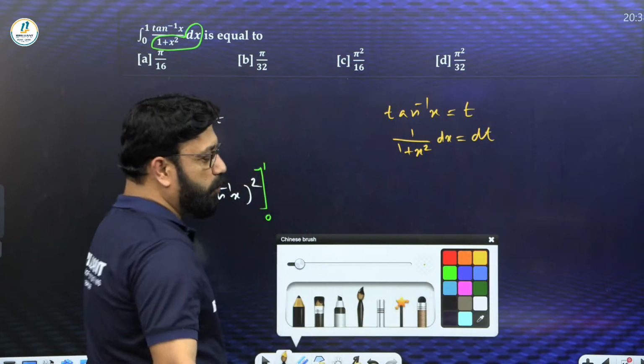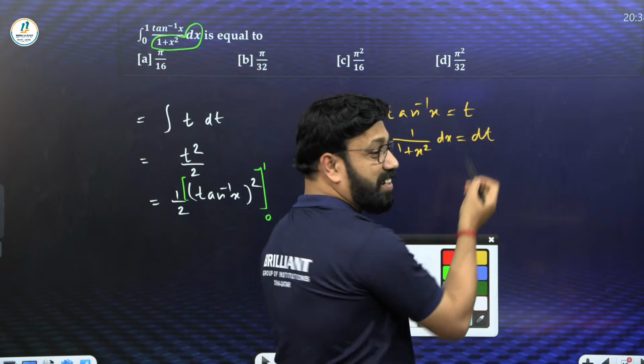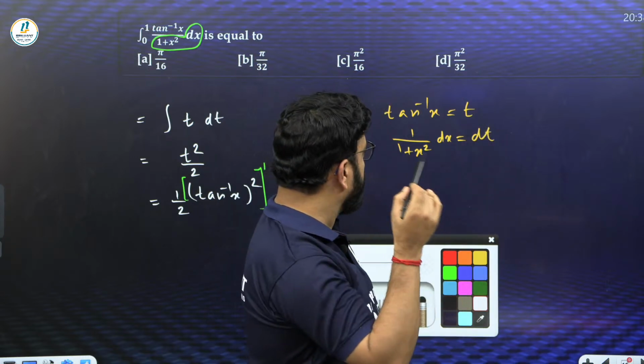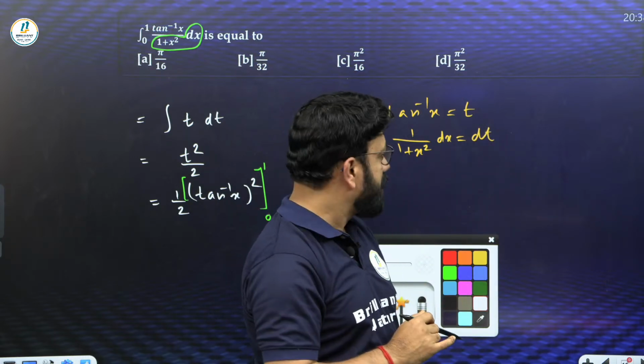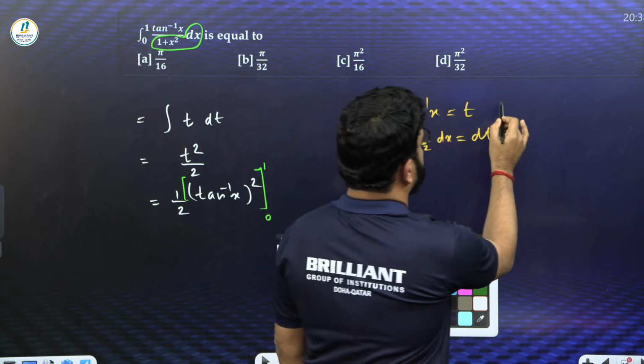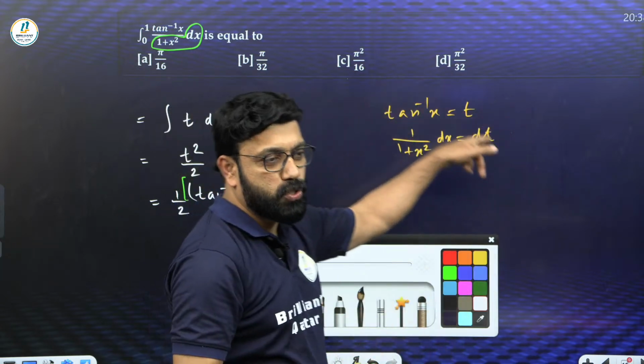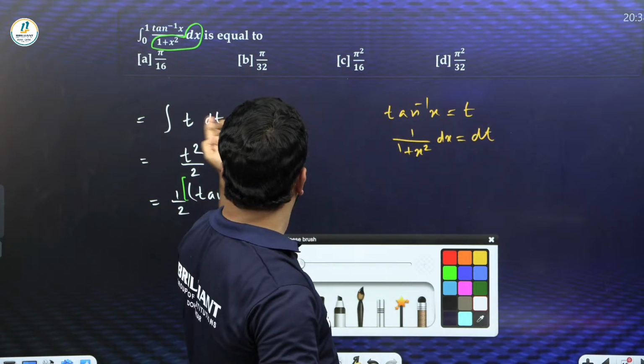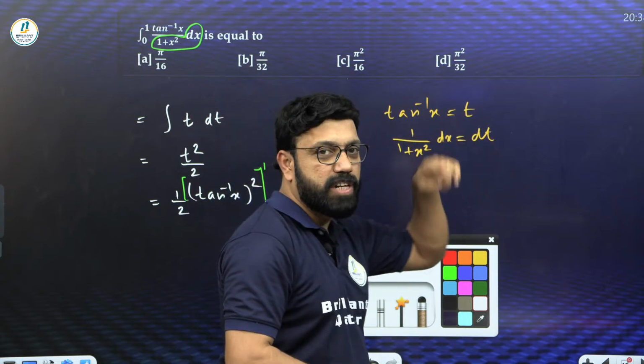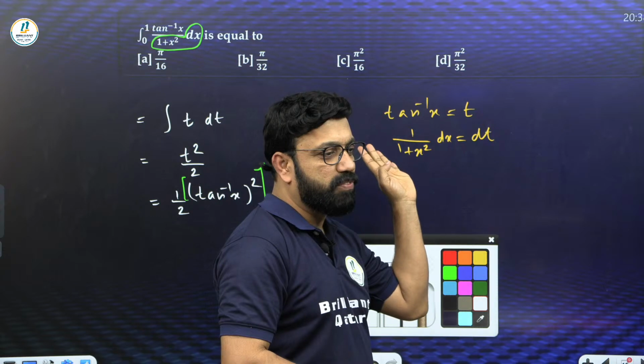If you want to change the limit, that's the normal descriptive class approach. Here, when x equals 0, t goes to 0. When x equals 1, t goes to tan inverse 1, which is pi by 4. You know that very well.